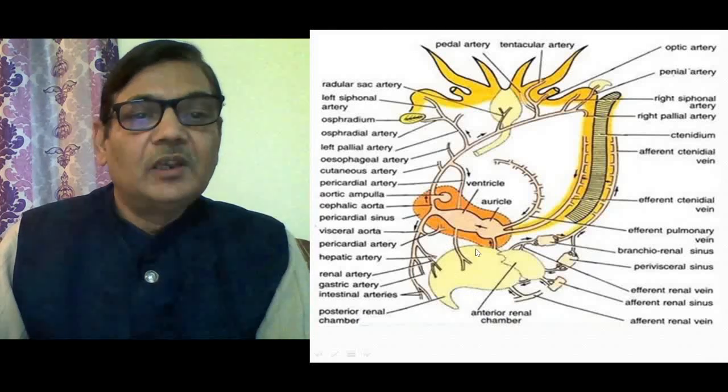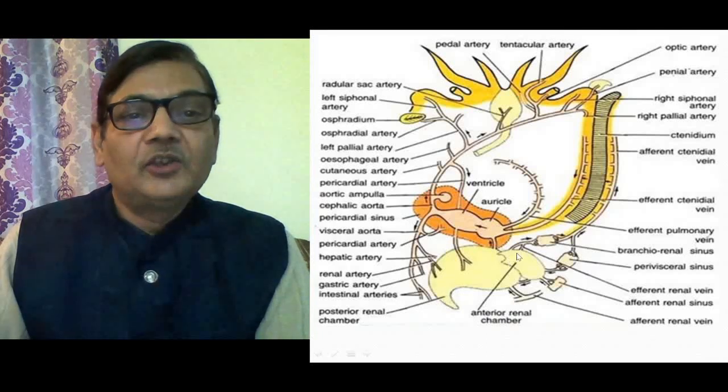So you can see here, this one is a renal chamber. It is actually the posterior renal chamber. And this one is the anterior renal chamber. They also receive blood through the renal arteries, and from such blood the waste materials will be removed.